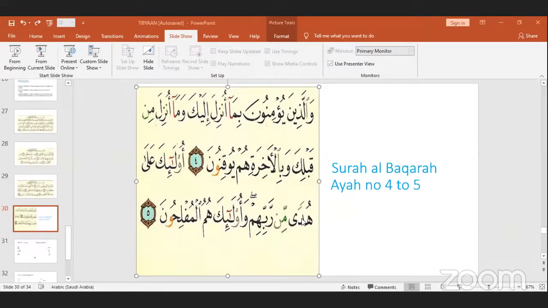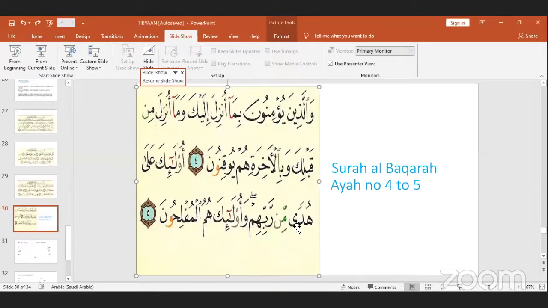So hudam, you have to join hudam and min. Here again there is a mim mushaddada. We learned last Thursday that when a mim mushaddada comes, we should do ghunna. So hudam mir rabbihim.